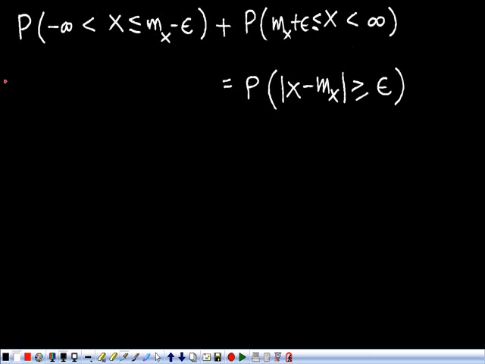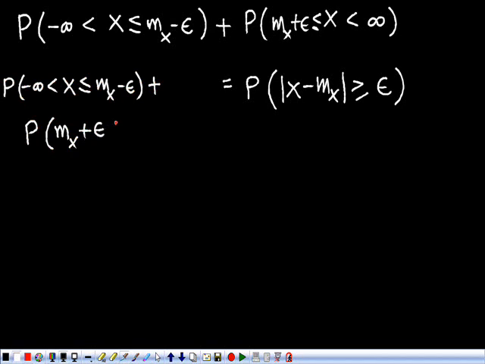Now this can also be written as probability of minus infinity less than x less than or equivalent to mx minus epsilon, plus. So can I write this as probability of mx plus epsilon less than x less than or equivalent to plus infinity?